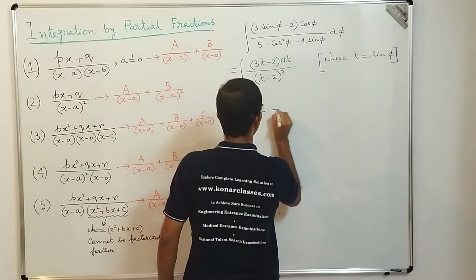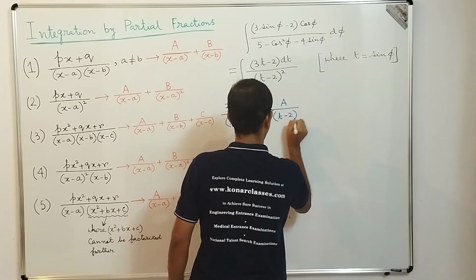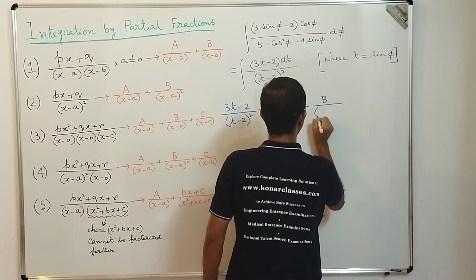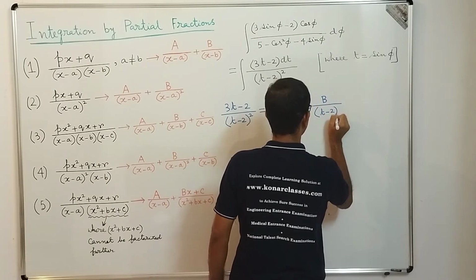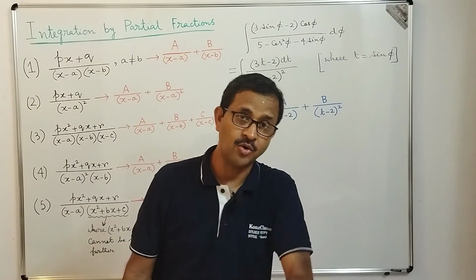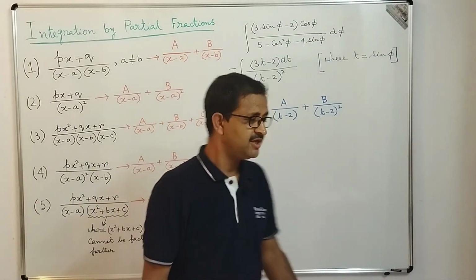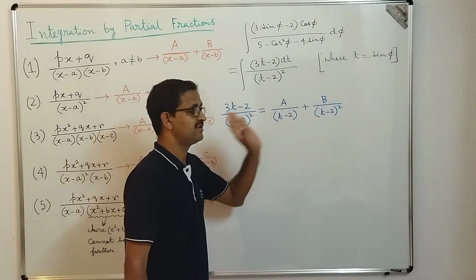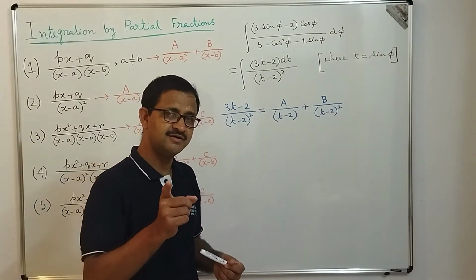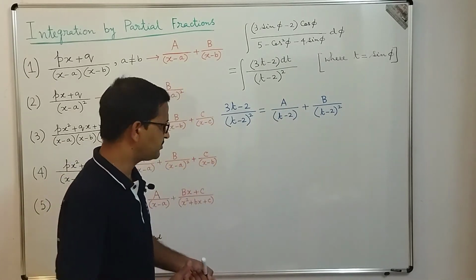This should be equal to capital A by t minus 2 plus capital B by t minus 2 whole square, where capital A and capital B are real constants. The moment we find the values of capital A and capital B, it will be very easy to integrate the right side. And I hope by this time you have become masters in finding the values of these real constants A and B. So let us do it quickly.